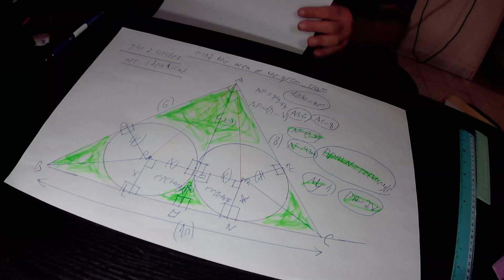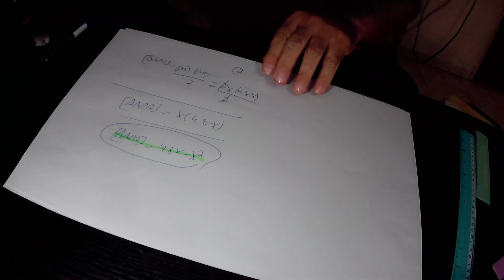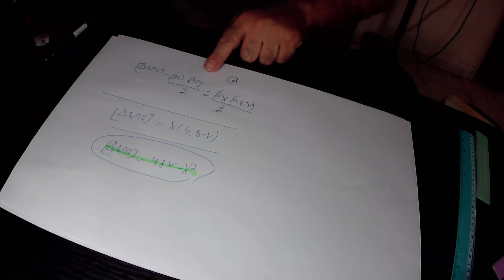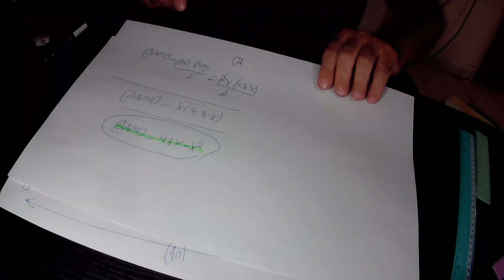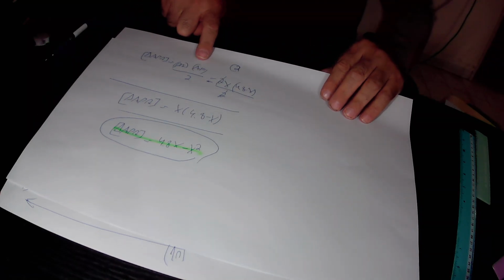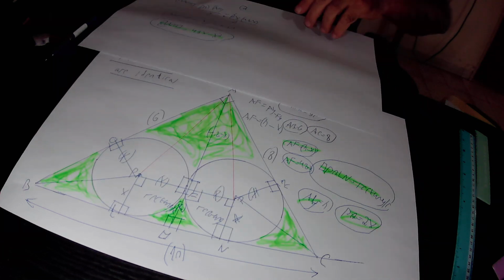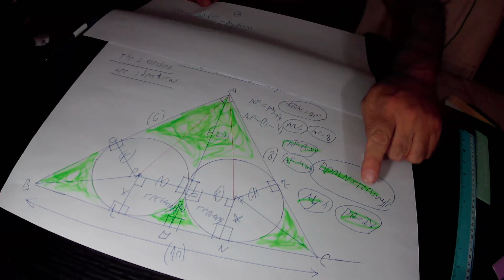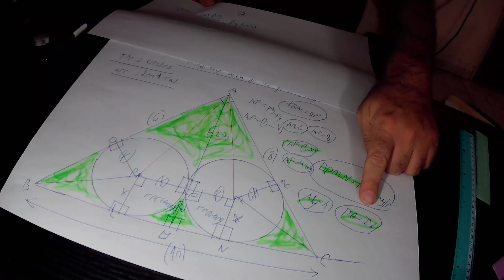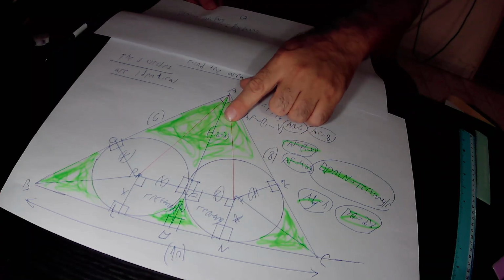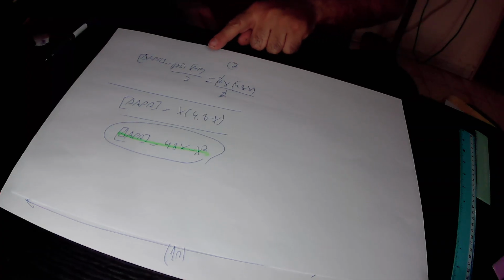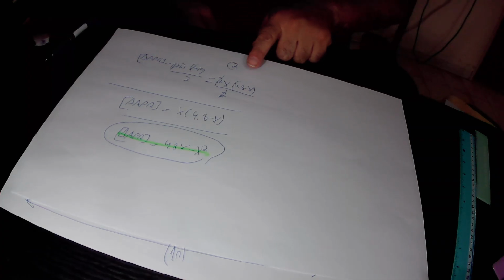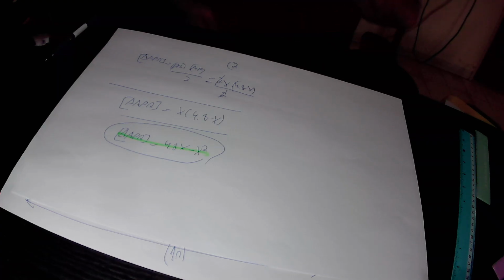We already found out that the base PQ equals 2x. So the area equals 2x, the base PQ, times the height AF, that is 4.8 minus x, divided by 2.